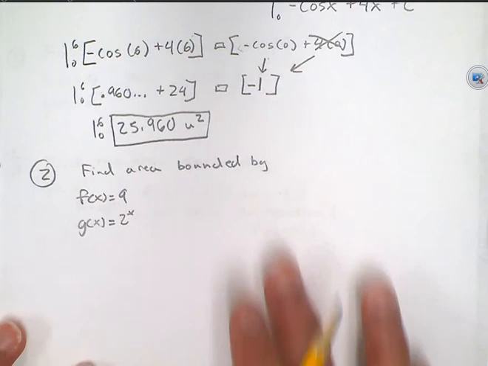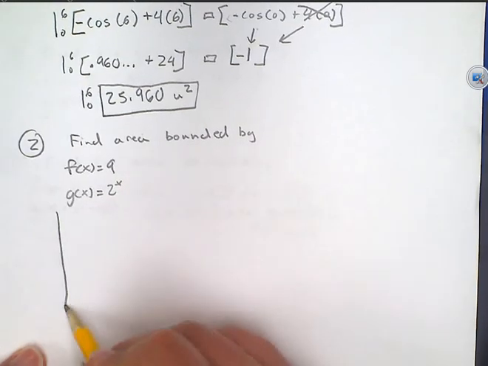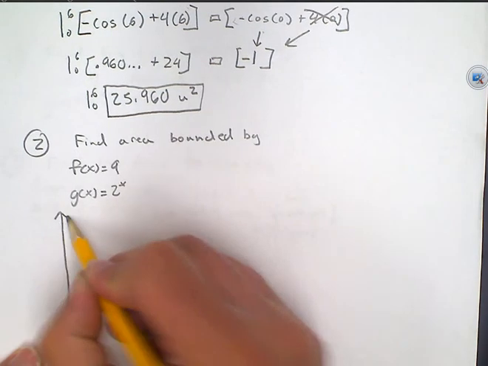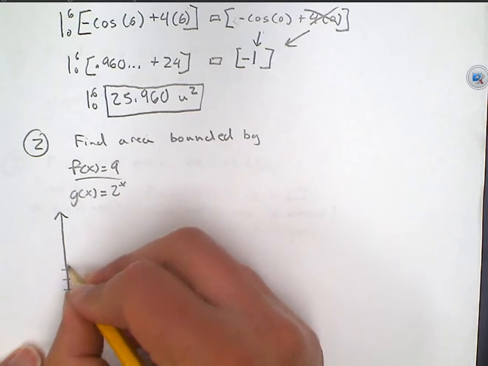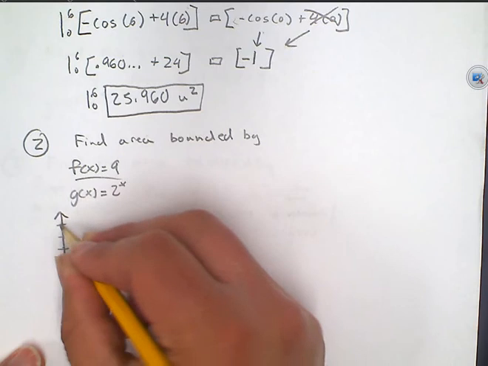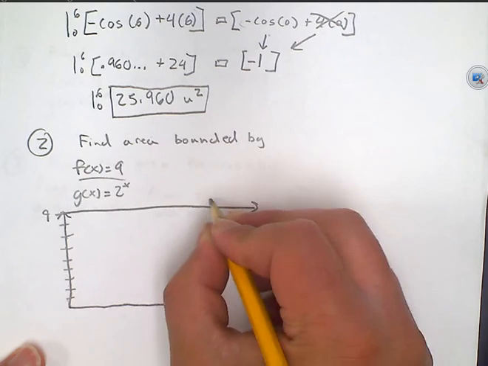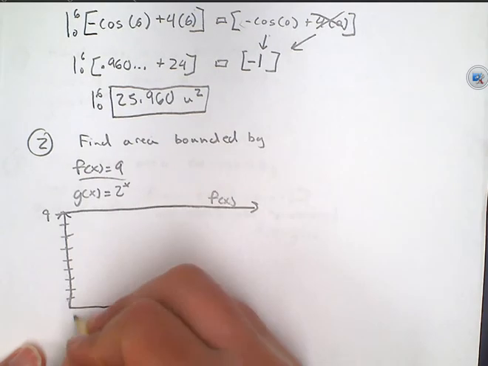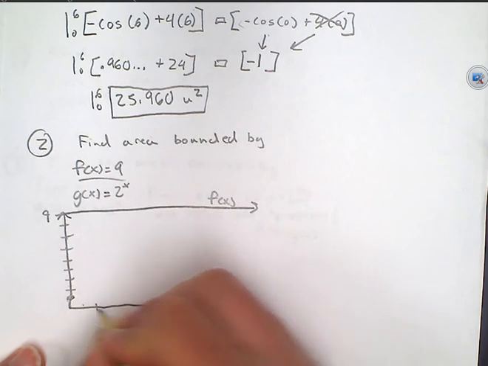So I need to make a graph. Try not to run off the page. Now I know what this looks like. It's a horizontal line. 2, 3, 4, 5, 6, 7, 8, 9. It's a horizontal line at 9. So there's f of x. And g of x, well, I know plug in 0, I get 1. Plug in 1, I get 2.